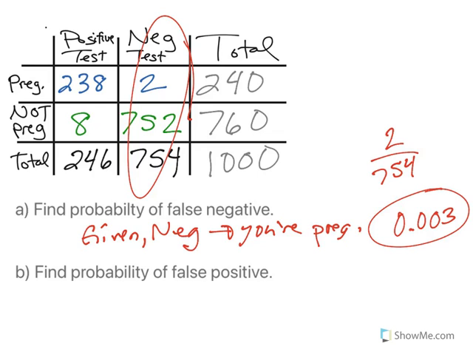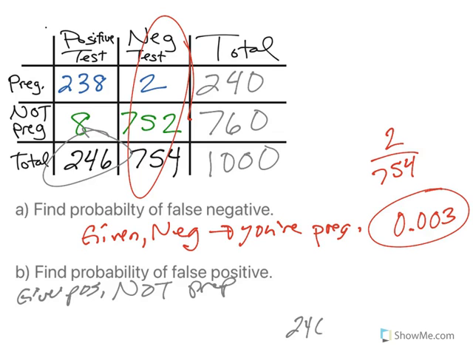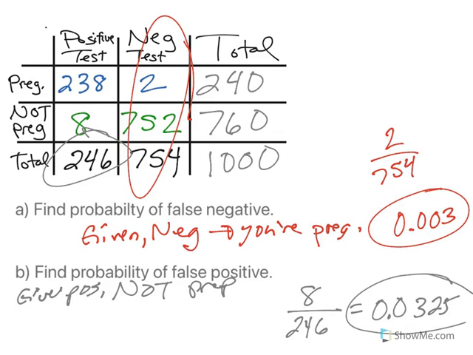Now, false positive, on the other hand, says, okay, given it's a positive result, you are not pregnant. So there's 246 positive results and 8 are not pregnant. So that's 0.0325. So roughly 3% of people who have a positive test are not pregnant. And that's creating the table and then interpreting false negatives and false positives.